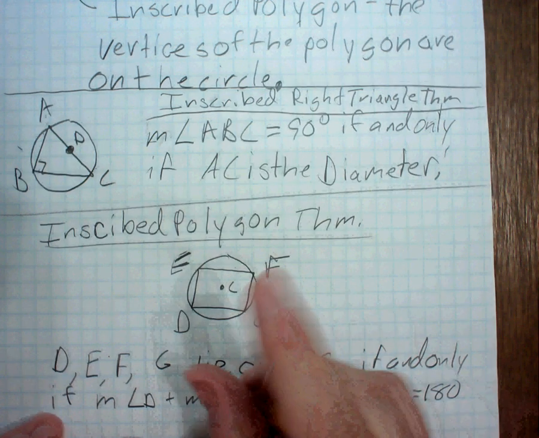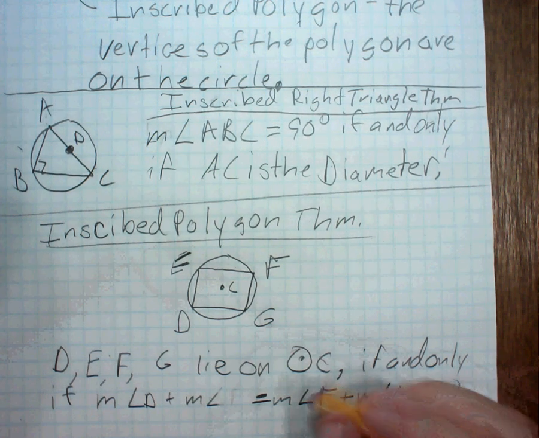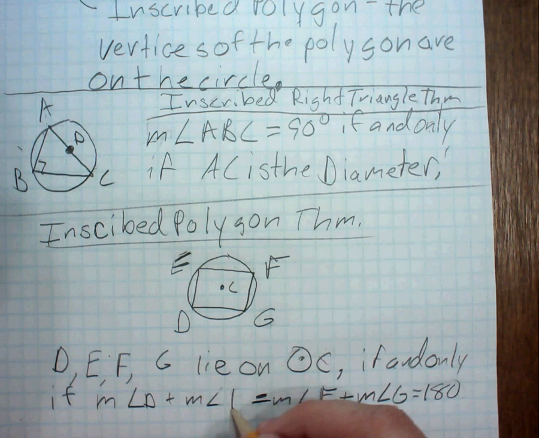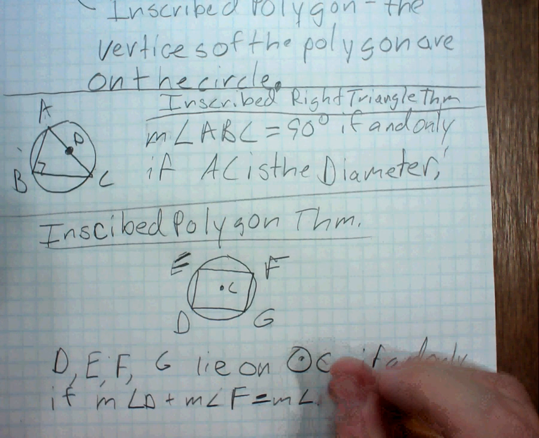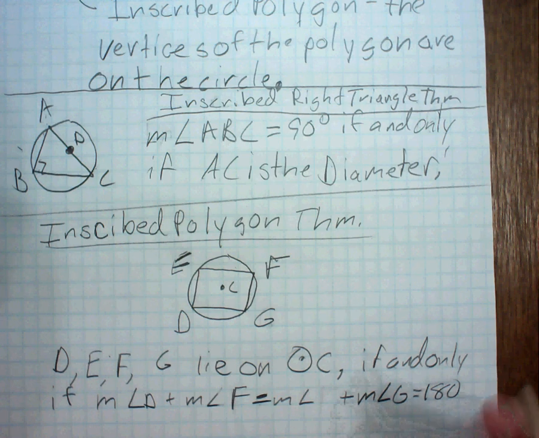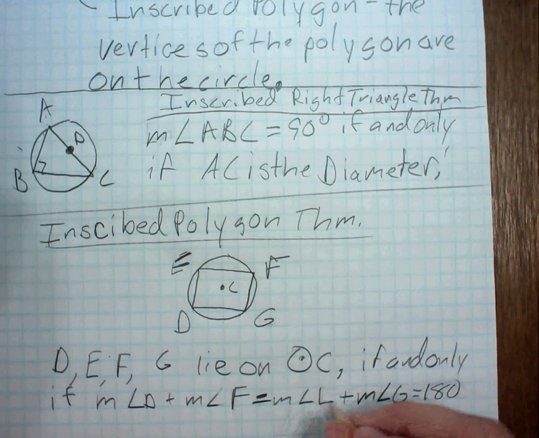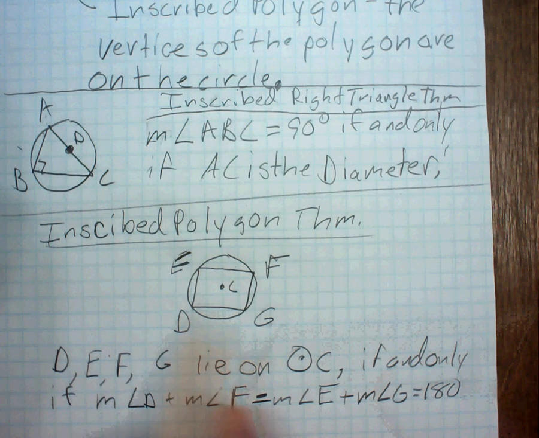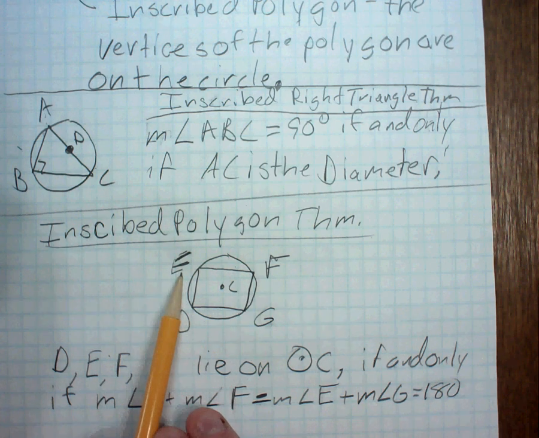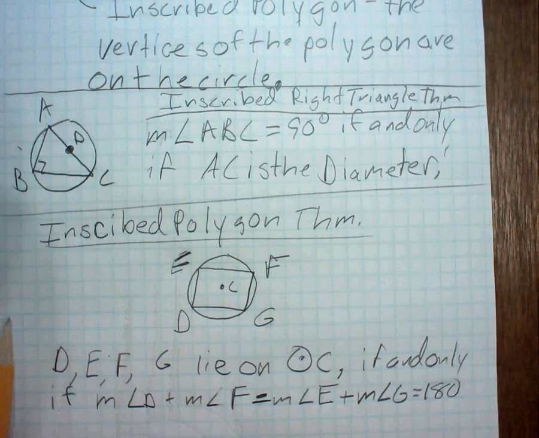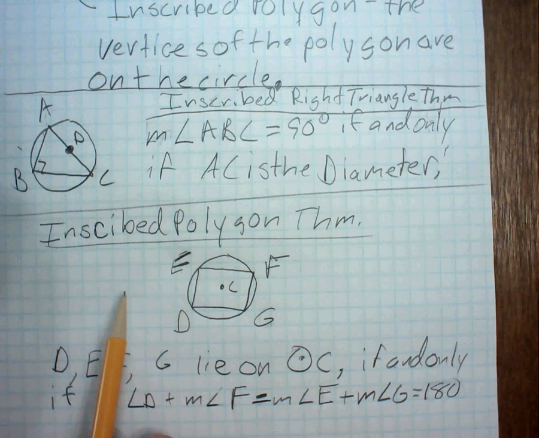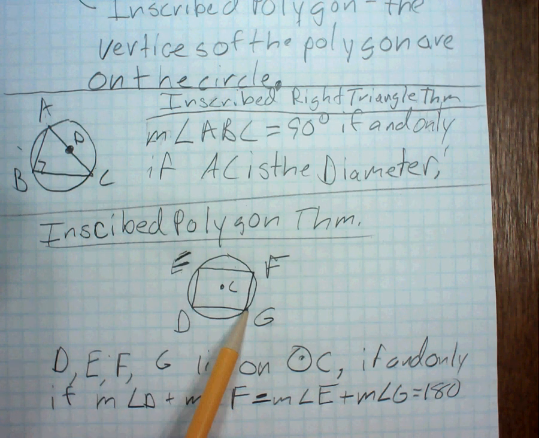I really screwed this up. It has to be the opposite. So it has to be D plus F and E plus G. So that can be reversed, but basically E plus G has to add up to 180.